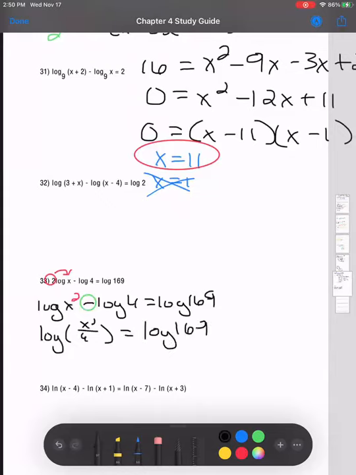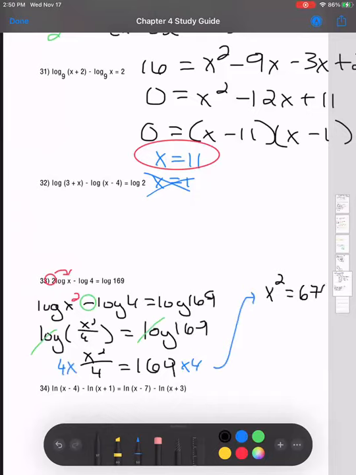Because now we have a log on both sides with the same base, we can cancel them out. So then we are going to have x squared over 4 equals 169. And then we are going to multiply by 4 on both sides. So then we are going to get x squared equals 676.